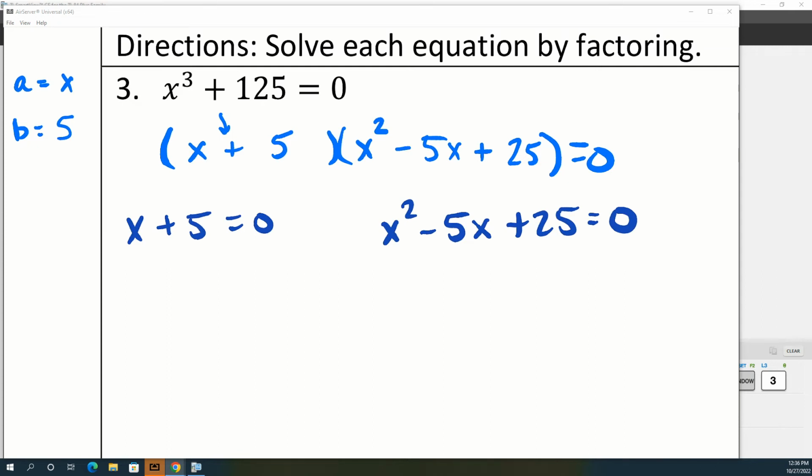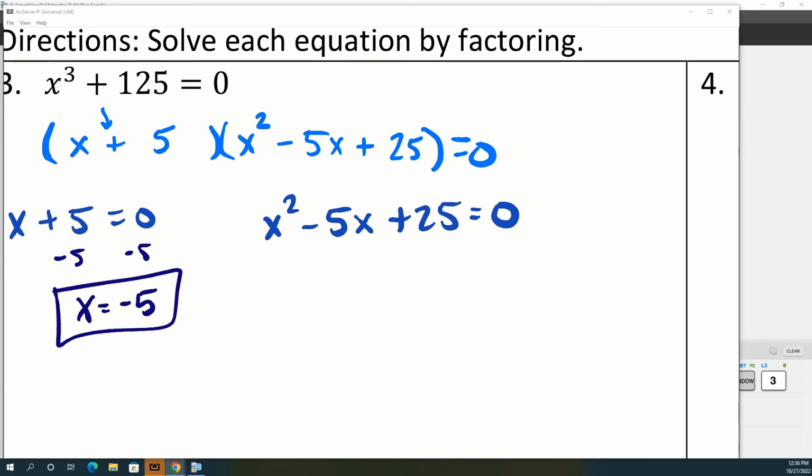So for this first one, we'll just subtract 5. So one of our answers is just -5. And then for the other answer, we're going to do the quadratic formula.